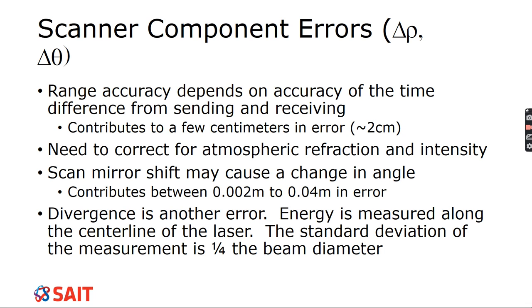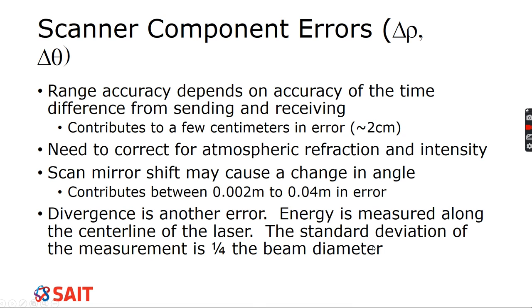But if the beam diameter is larger than what it needs to be, and it gets bigger and bigger, we use the standard deviation to give us the error. So it's about 1/4 of the beam diameter. If your beam diameter is 10, then you have about 2.5 centimeters in error.